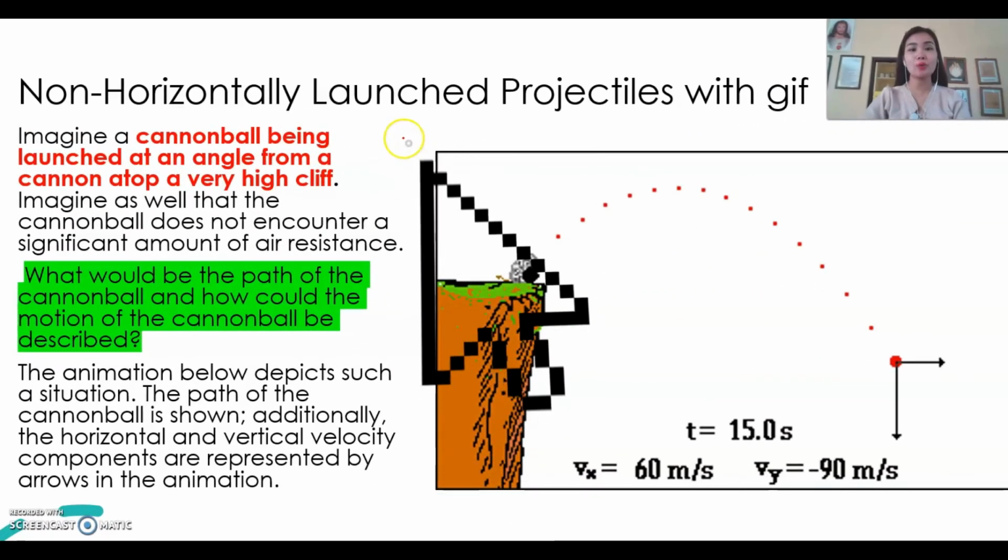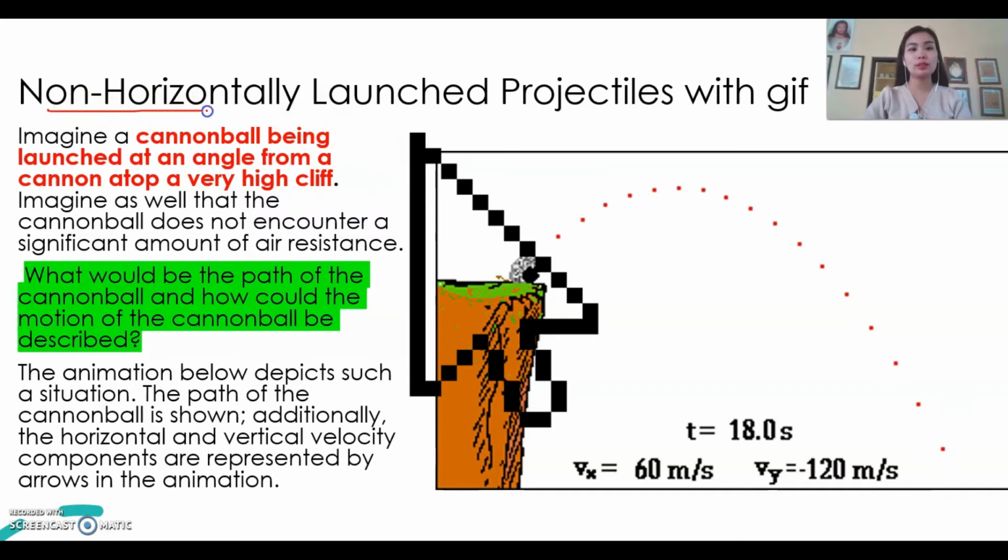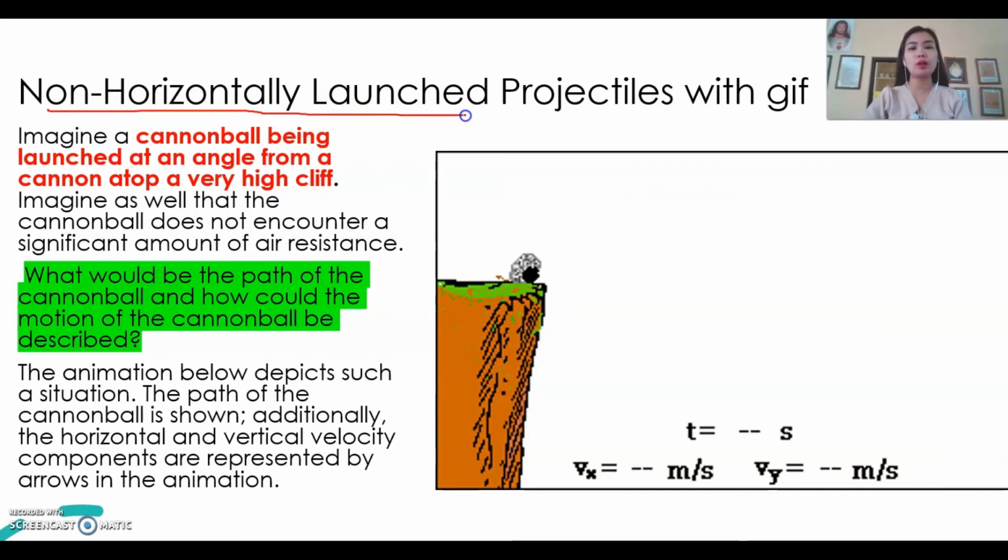Okay, so we are now in the non-horizontally launched projectiles. In our GIF, try to imagine a cannonball being launched at an angle from a cannon atop a very high cliff. And try also to imagine that it does not encounter a significant amount of air resistance.